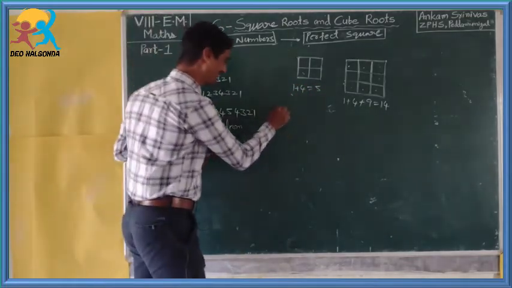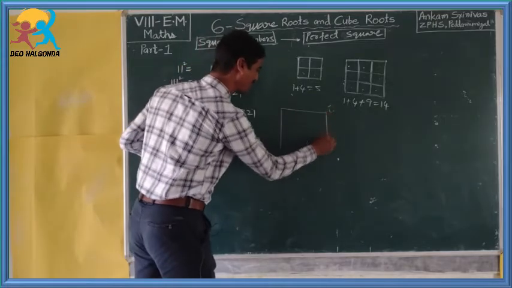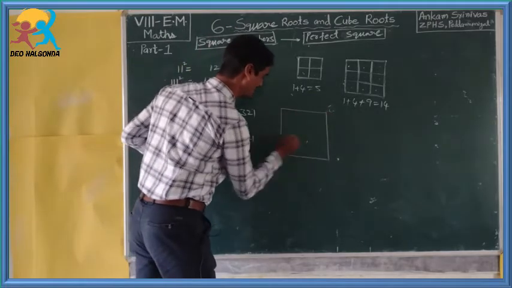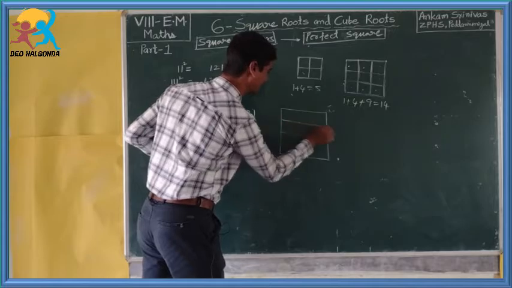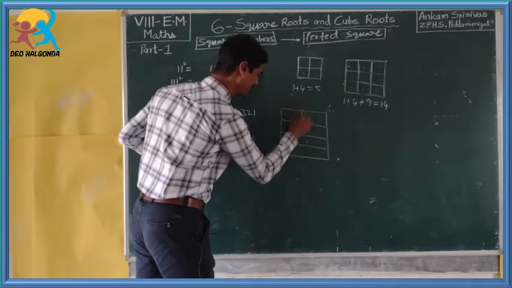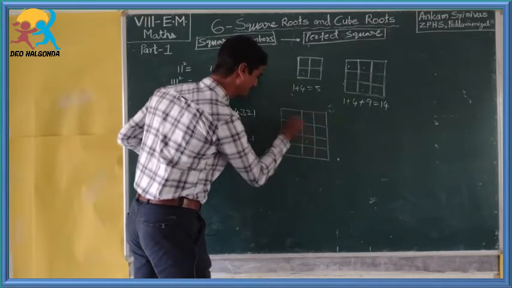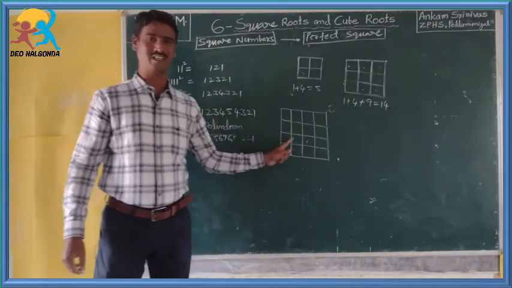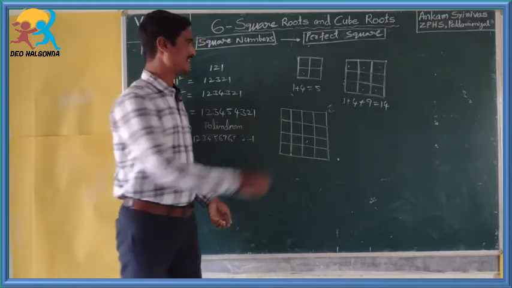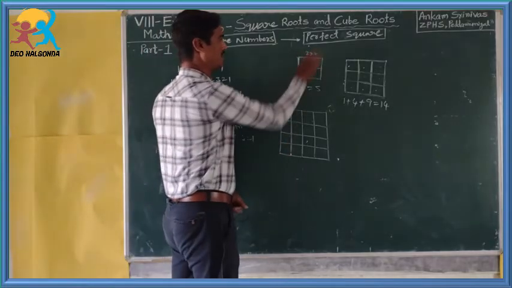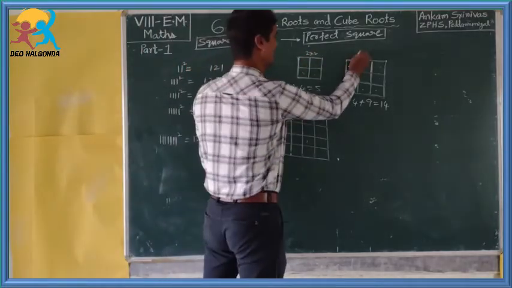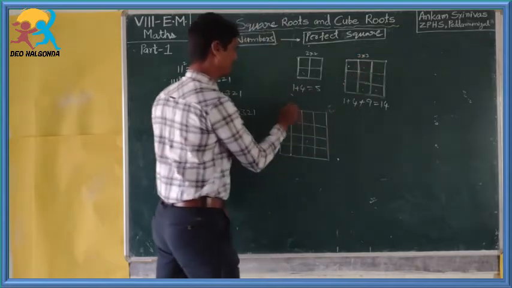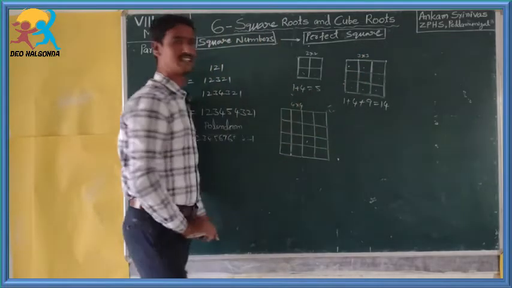So what about the number of squares in this figure? Can you expect how many squares this given figure has? This is the 2 by 2 figure, this is the 3 by 3 figure, and this is the 4 by 4 figure.